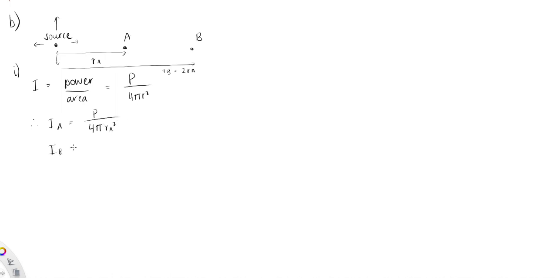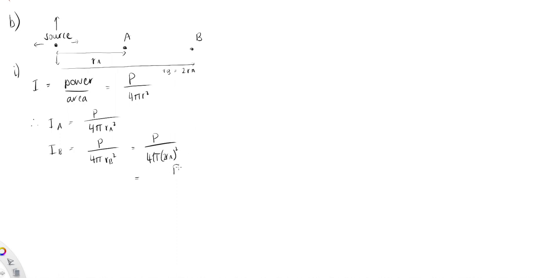The intensity at B is power divided by 4 pi RB squared, which is equal to power divided by 4 pi (2RA) squared, because remember RB is twice as far as RA.